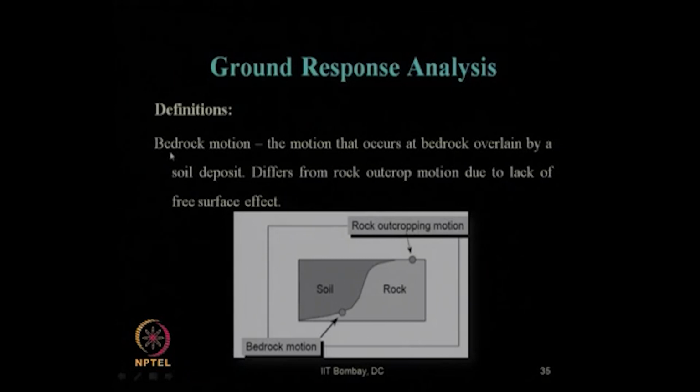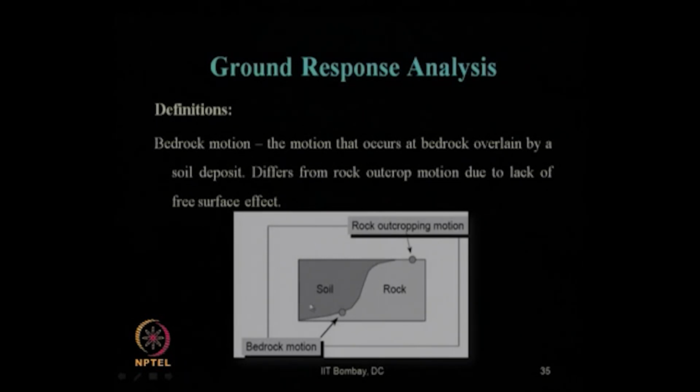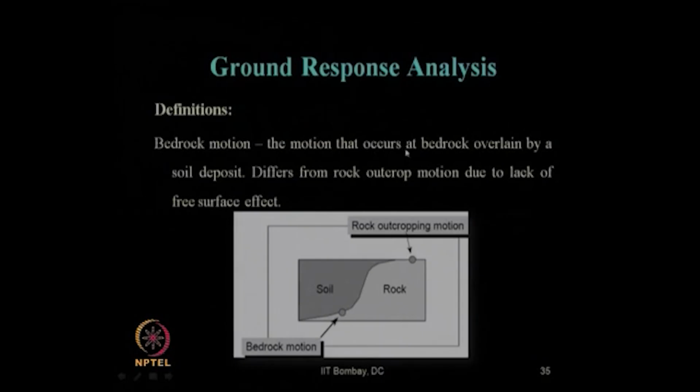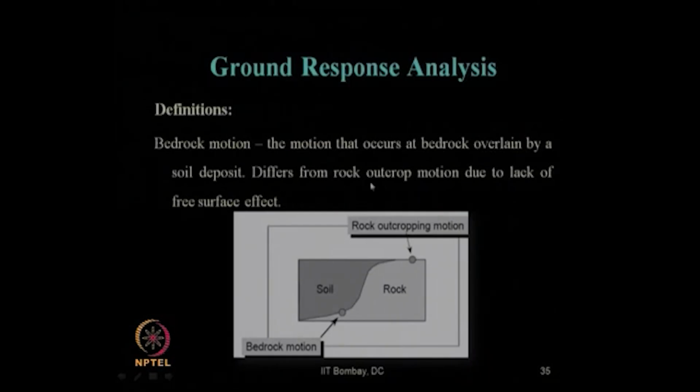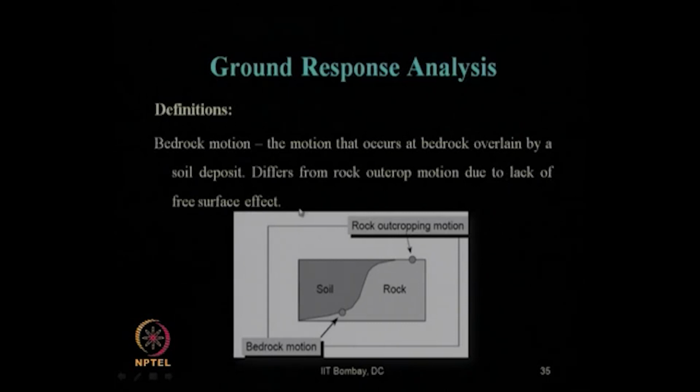Next terminology is bedrock motion. What is bedrock motion? In the same picture now, if we look at the soil site, this soil is finally exposed on the ground surface like this, but below the soil there is a bedrock, you can see over here. So, the bedrock motion means the motion that occurs at bedrock overlain by a soil deposit. It differs from the rock outcrop motion due to lack of free surface effect.